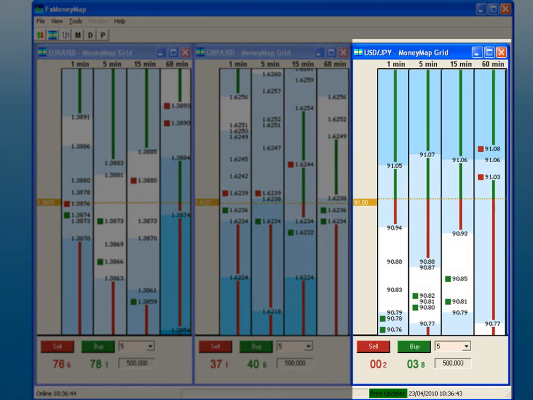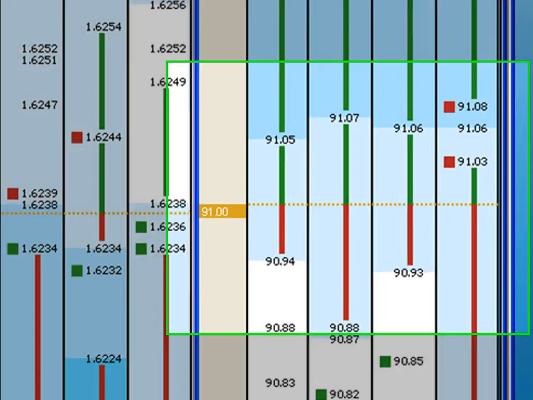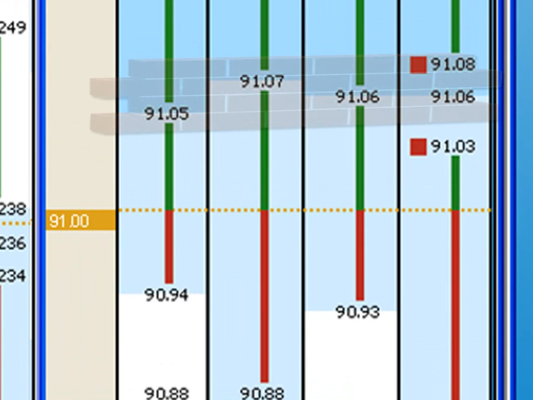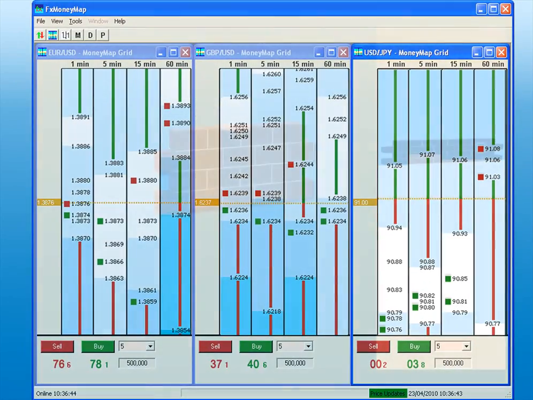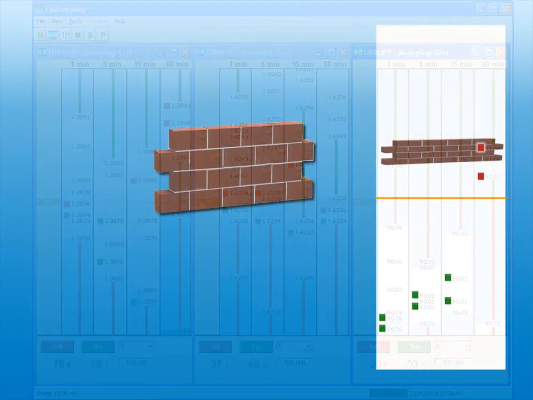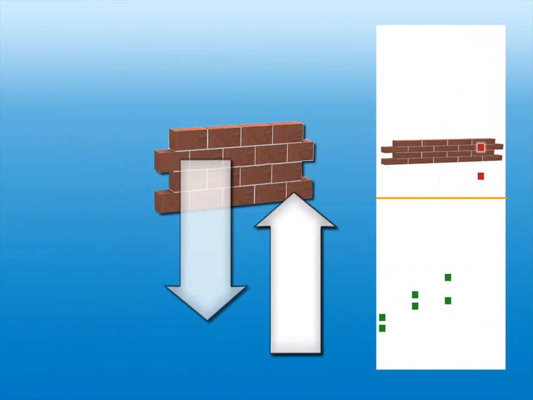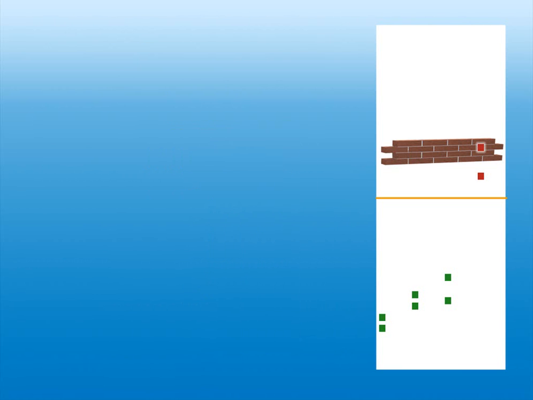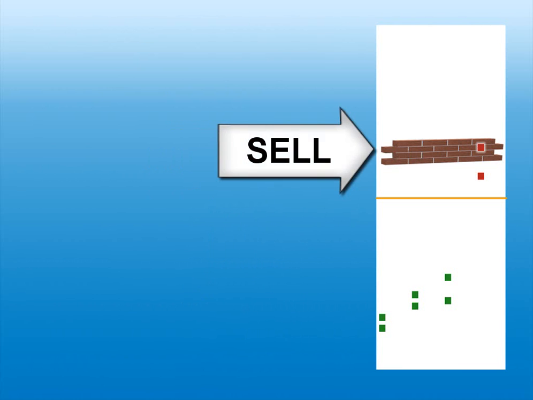Well, once again, if you've got it right, you were talking about the dollar yen, because the dollar yen has a brick wall at around 91.05, 06, 07 area with 2 1 hour boxes, and again 4 columns of resistance, looking to sell against that brick wall for a drop back from where we came from, which is down to your green boxes. And when you see that pattern, you sell to it.